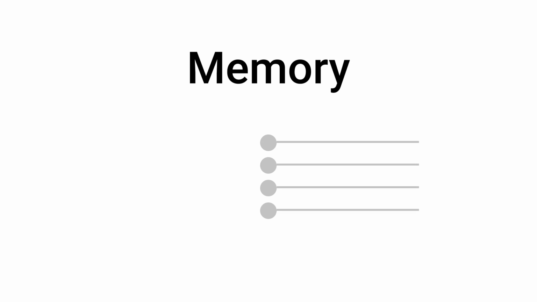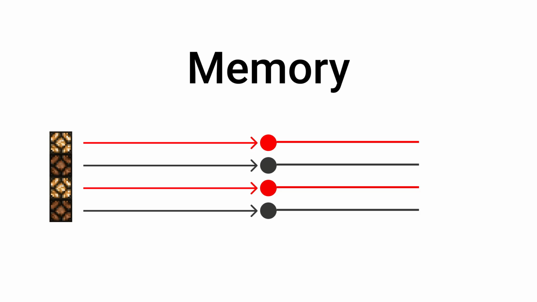The idea of the memory is to have 4 redstone lines and to remember the values of those redstone lines. So for example, here I have the 4 memory cells without any information in them. And now I've activated the memory cells and I have a value in each memory cell. Oh, wait.